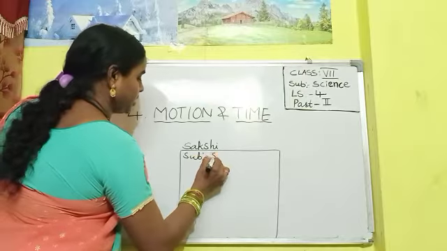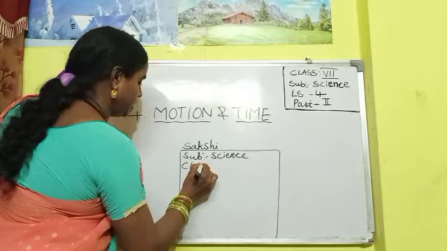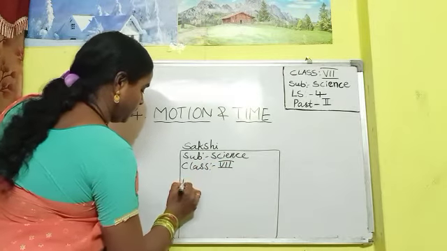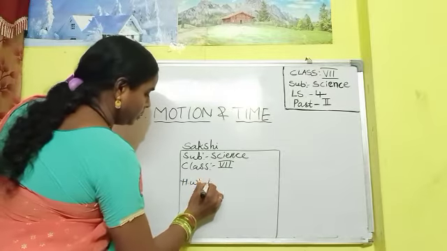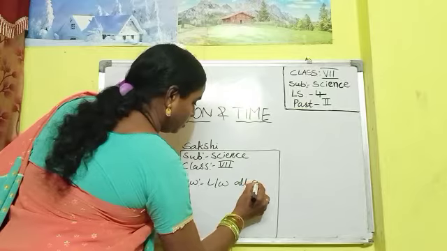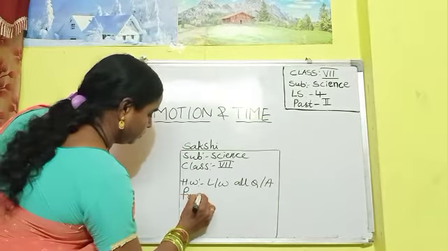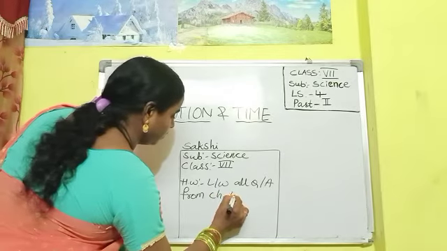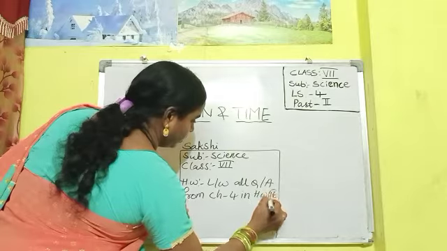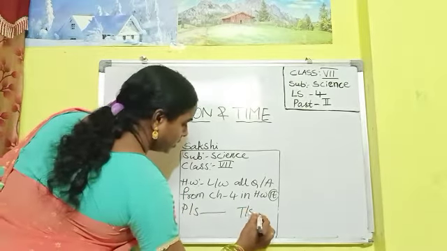Subject you have to write science. Class you have to write 7th class. And HW you have to write learn and write all question and answers from chapter 4 in HW one time. Your parents sign take children, your teachers will give the sign.